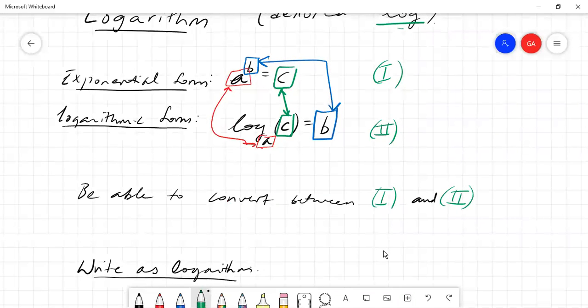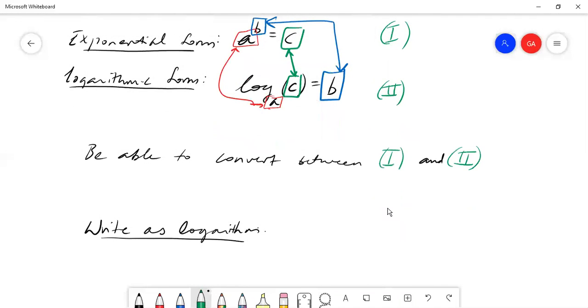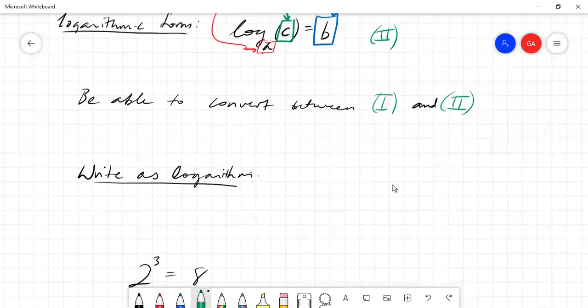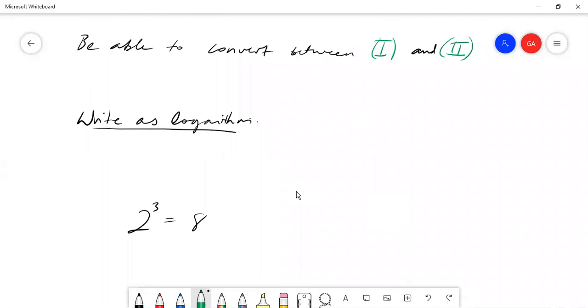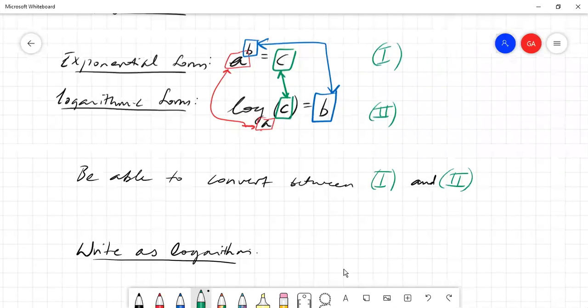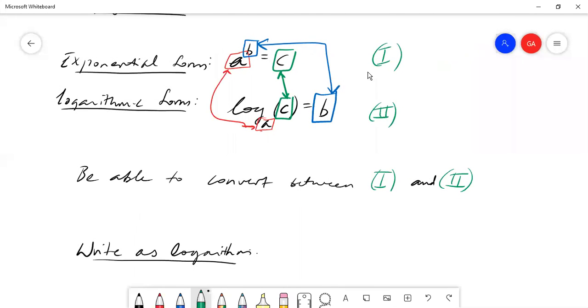The only way to get good at doing this conversion is to do it, just like anything in life. So we're going to write the following exponential statements as logarithmic statements. Bear in mind, there is an equal amount of information expressed in statement 1 and statement 2. There is nothing special about either one of these statements.